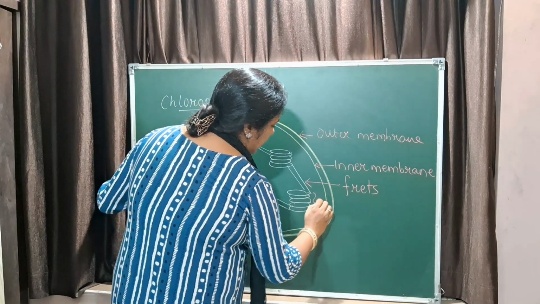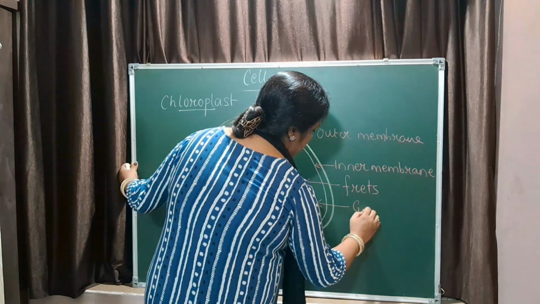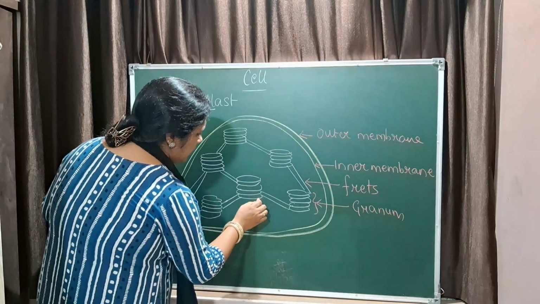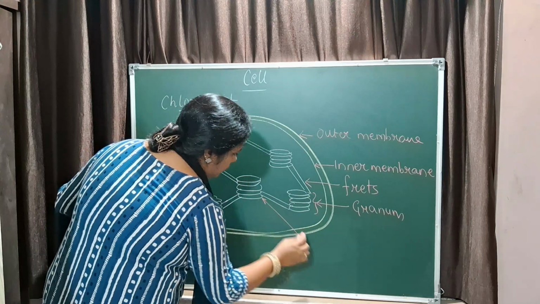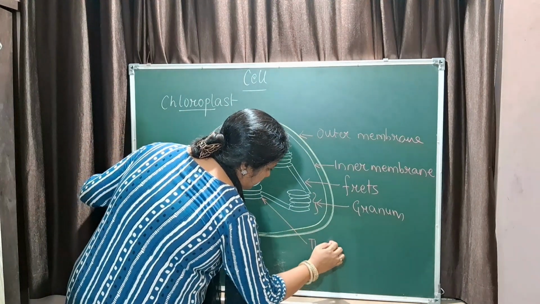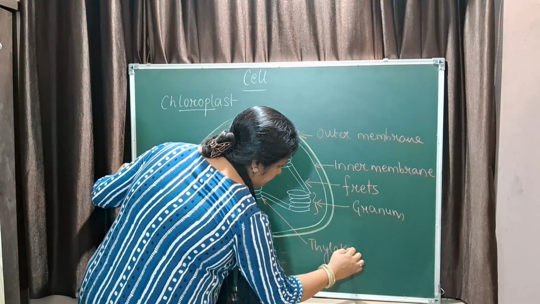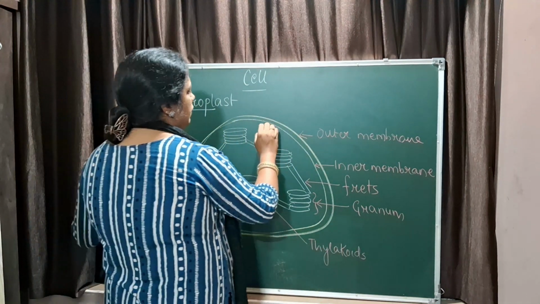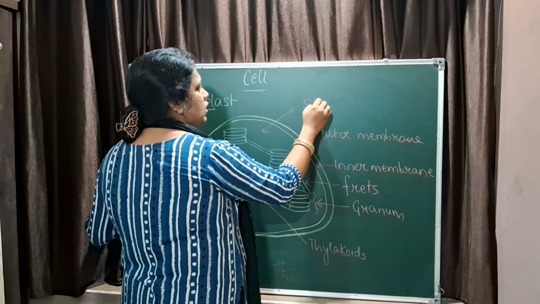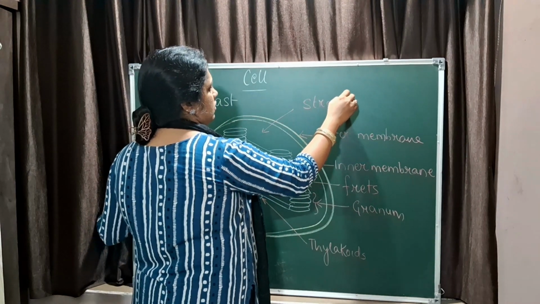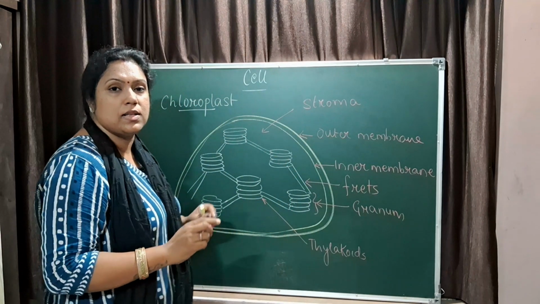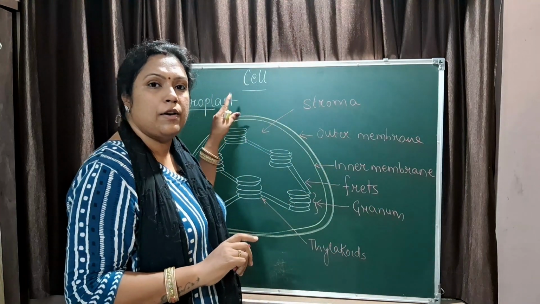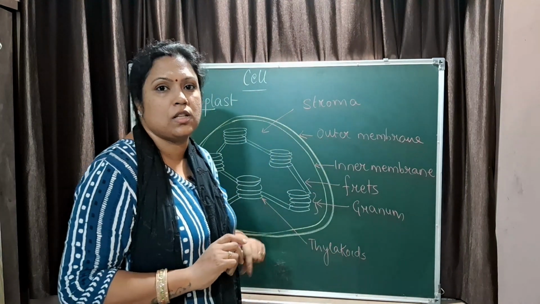The entire stack is called granum, and a single unit is called a thylakoid. And the liquid portion here is called stroma. Stoma is the singular of stomata, and stroma is the fluid or matrix present in the chloroplast.